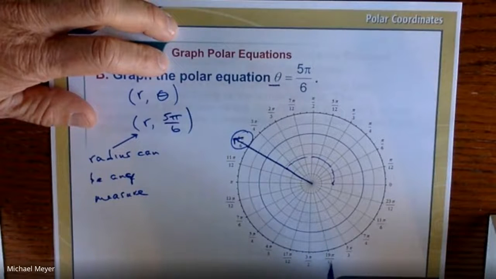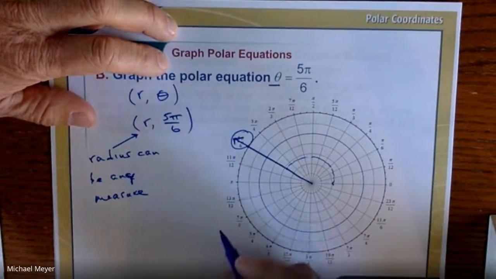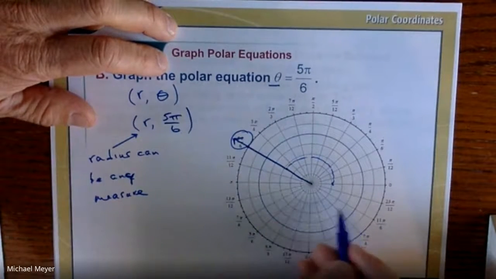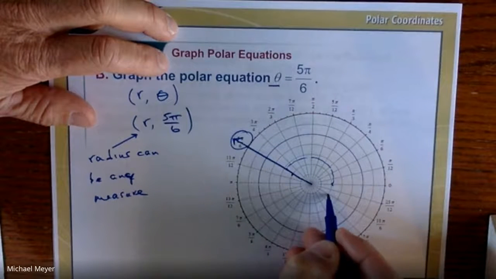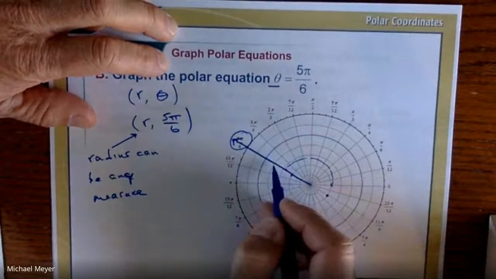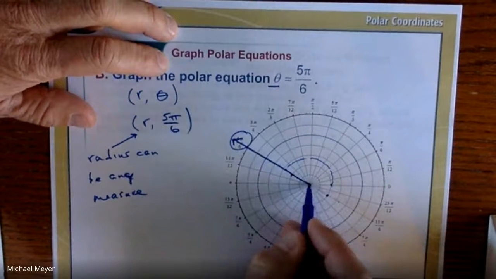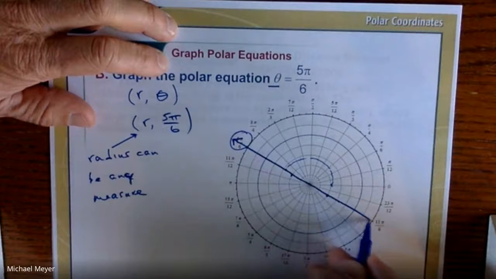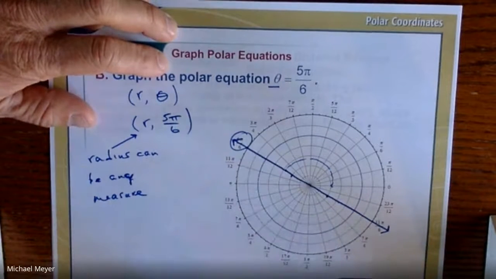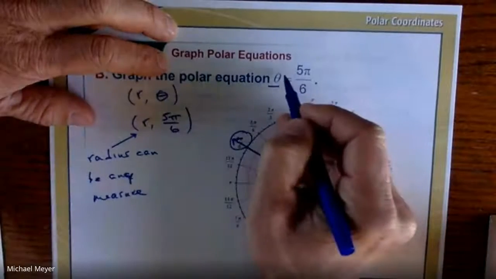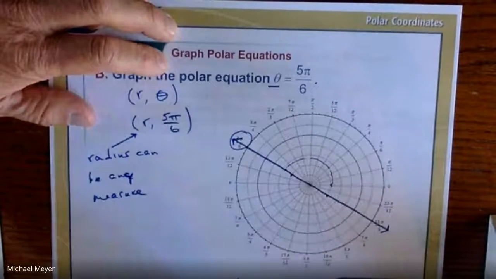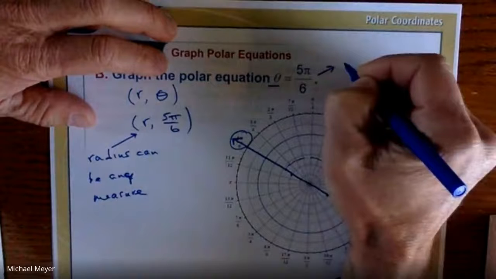But remember, when you plotted your points, you also had negatives, and then it would go in the other direction. So if I had a -2 as my radius, that would mean -2 is over here. It could be a -3, which is over here. So my radii could even go in this direction here. And that would be the graph of the line theta equals 5 pi over 6.